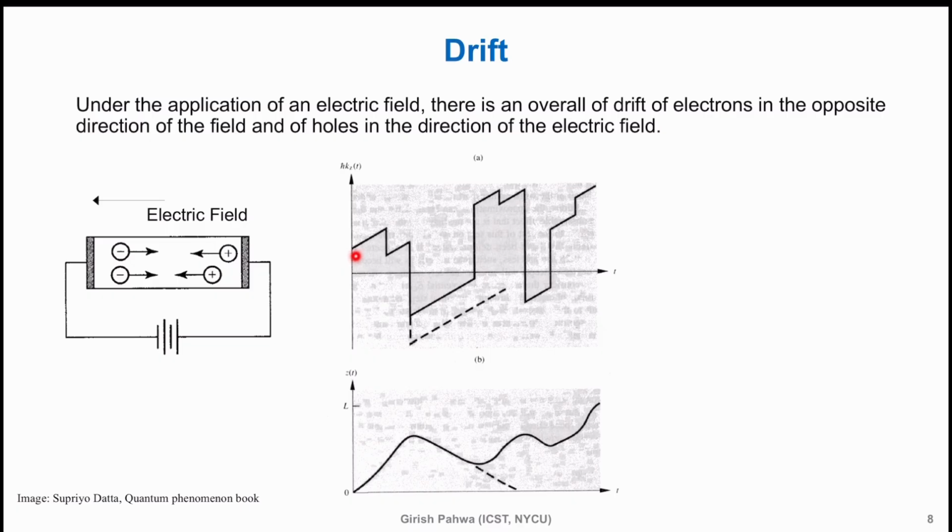So if my electric field is, I'm assuming, positive, it will increase k, then it encounters some scattering, and suddenly my momentum decreases. It can also change the direction, so k can become negative. Then again it picks up, there is again a scattering, and this time that scattering has made the momentum positive. So all of these scattering events can be there.